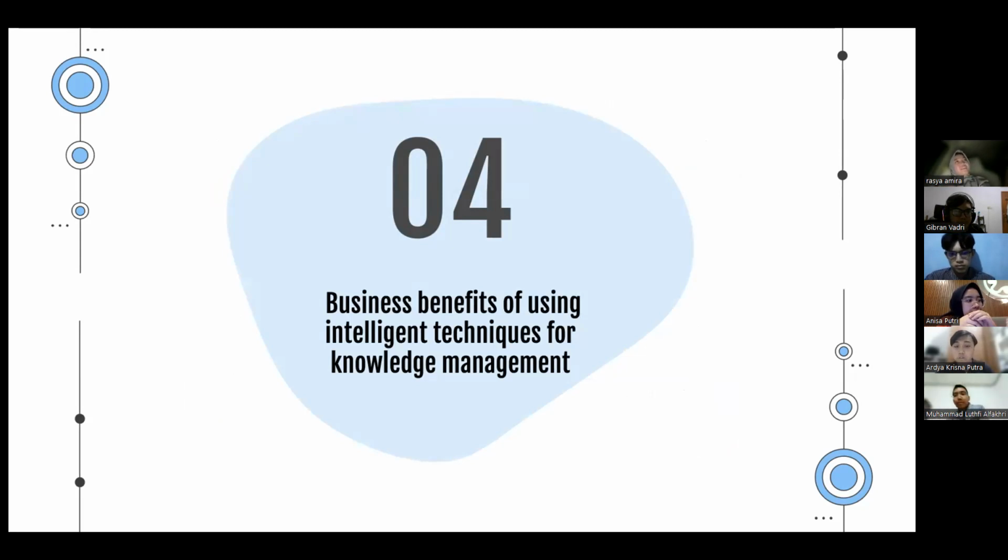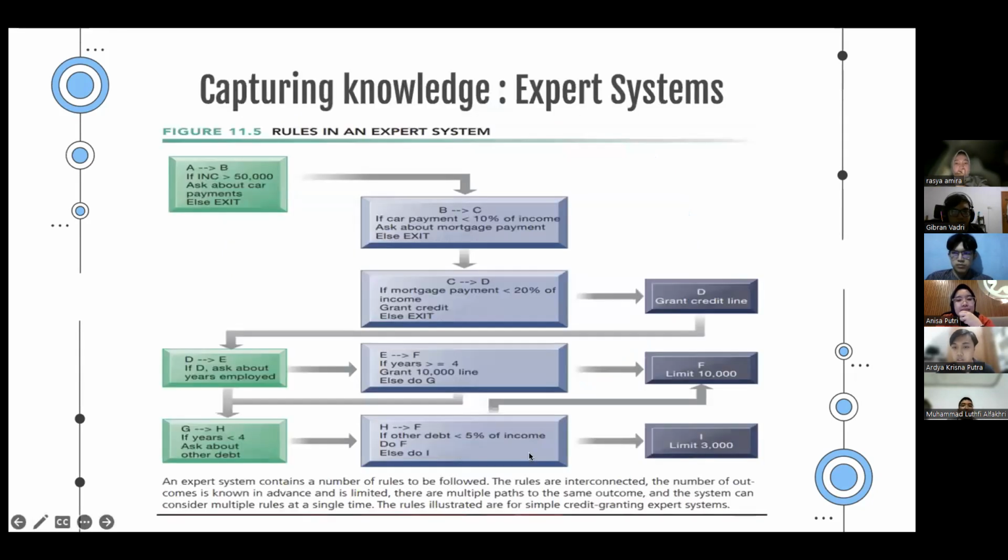Okay, thank you, Gibran. The next slide is about the business benefit of using intelligent techniques for knowledge management. The intelligent techniques discussed in this part are based on artificial intelligence, or known as AI, which consists of computer-based systems that attempt to emulate human input.